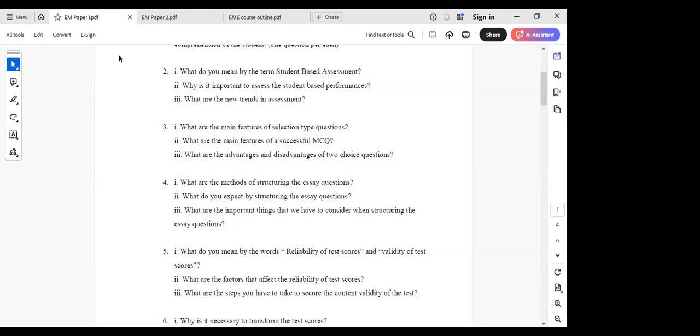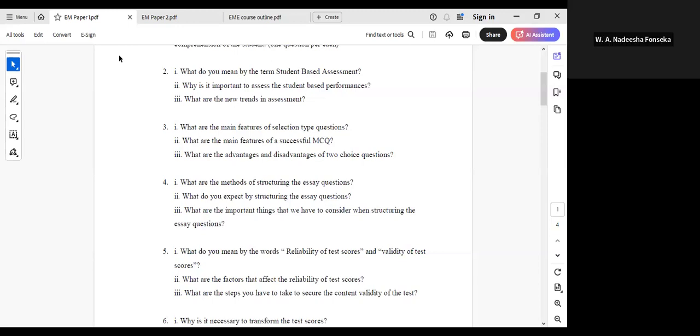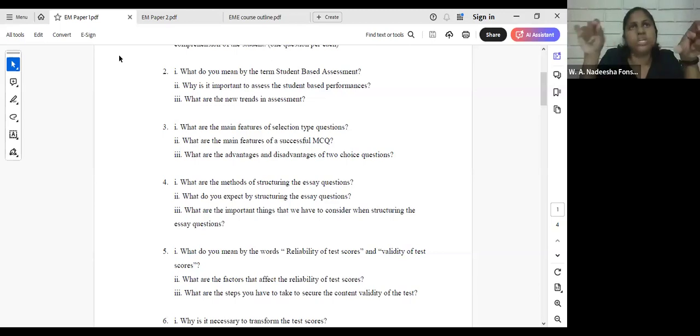Planning the test using a table of specification. Here there is no need to go for a table of specification, because in a table of specification there are particular skills we have to mention.